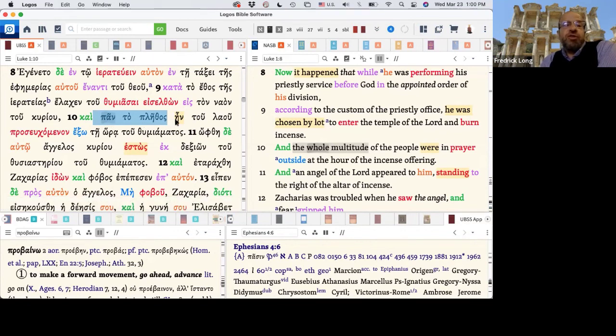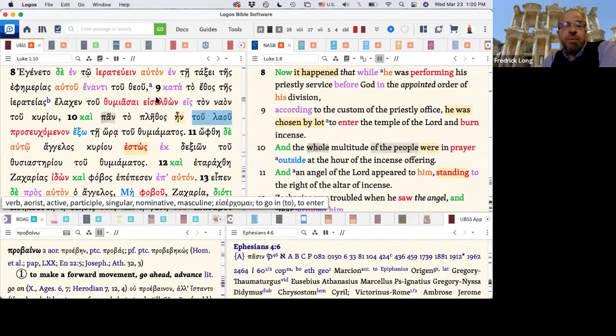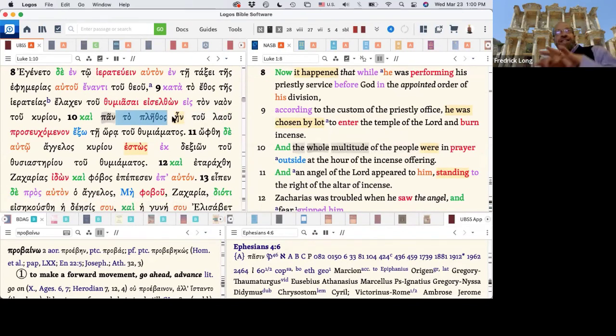And then it also has a little bit of stress because it's got a discontinuous modifier. Tou laou is on the other side of the verb. This is called a discontinuous constituent. It really is modifying all the multitude of the people. So by separating it, you're creating some extra attention paid to it.